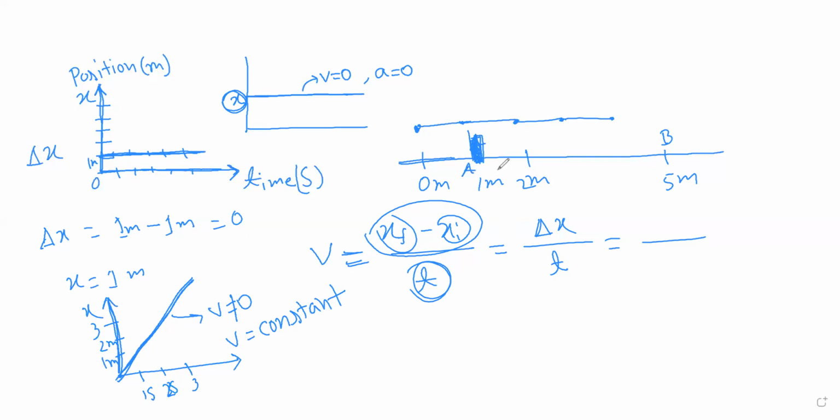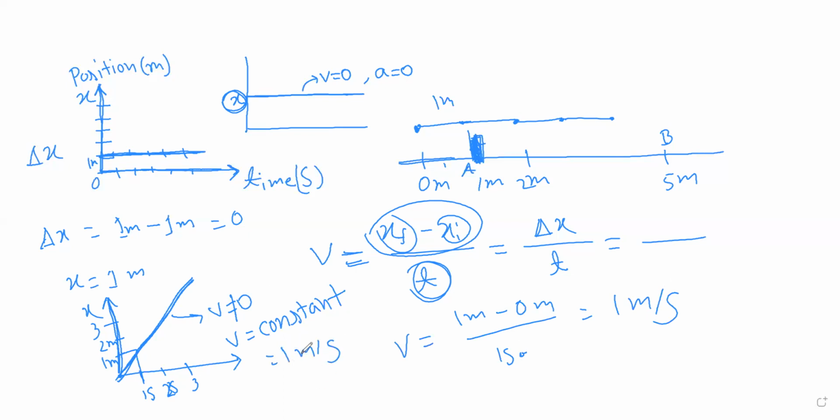When we discuss 1 meter in 1 second, our velocity will be 1 meter minus 0 meter over 1 second minus 0 second, which is 1 meter per second. So here our velocity is non-zero, but constant, 1 meter per second.